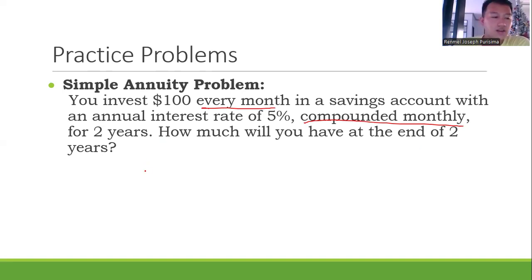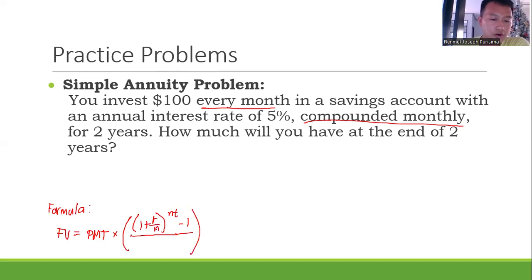So let's apply the formula for a simple annuity. First we have the formula, and later on we write the given. FV is equal to PMT times 1 plus r over n raised to nt minus 1, all over r over n.